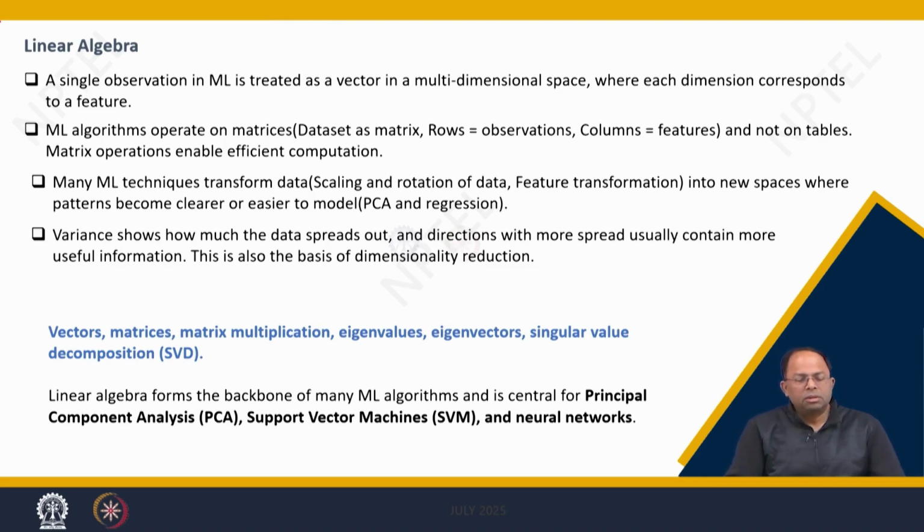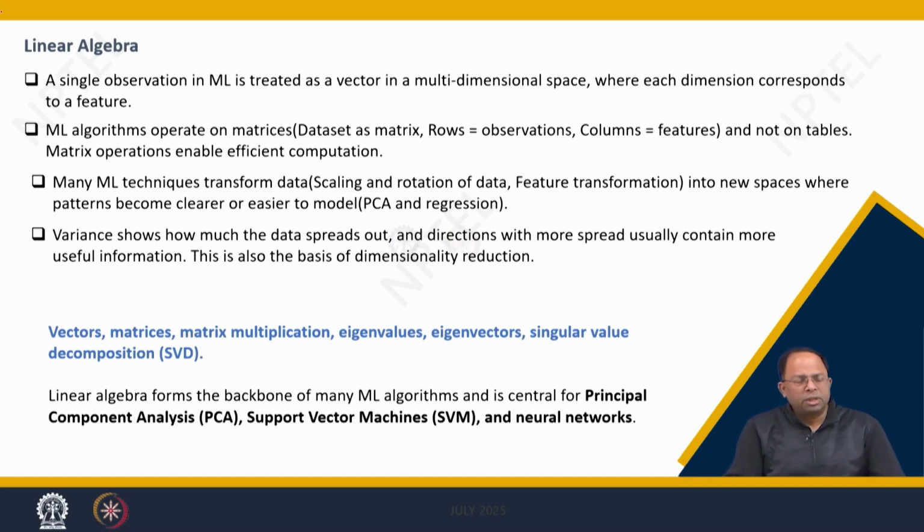Then variance shows, if I take the variance of the data set, how much the data is spread out, and that helps us to identify many things. It will tell us in which direction the spread is usually more, and it can help us in even reducing the dimensions, or it could tell us that these are the extreme values, those could be removed.